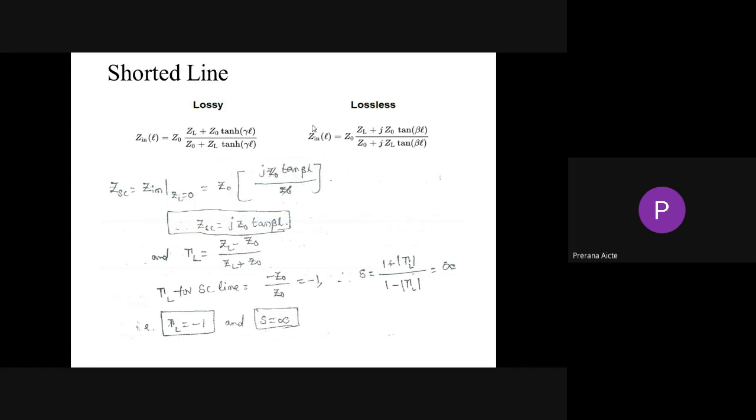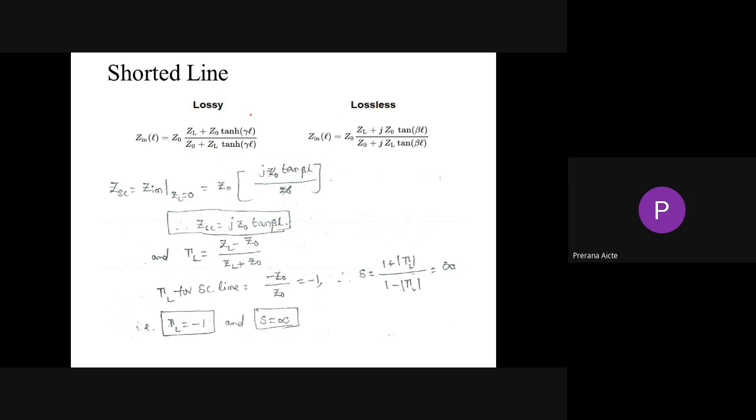If it is a lossy transmission line, then Zin of L is equal to Z naught into Z of L plus Z naught tanh gamma L, whole divided by Z naught plus Z of L tanh gamma L. Here Z naught is the characteristic impedance, Z of L is the load impedance, tanh is the hyperbolic function and gamma is the propagation constant, where gamma is equal to alpha plus j beta, alpha being the attenuation constant and beta the phase constant. This is for a lossy transmission line.